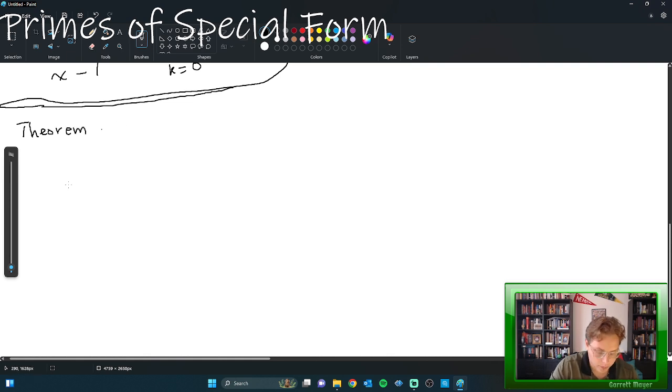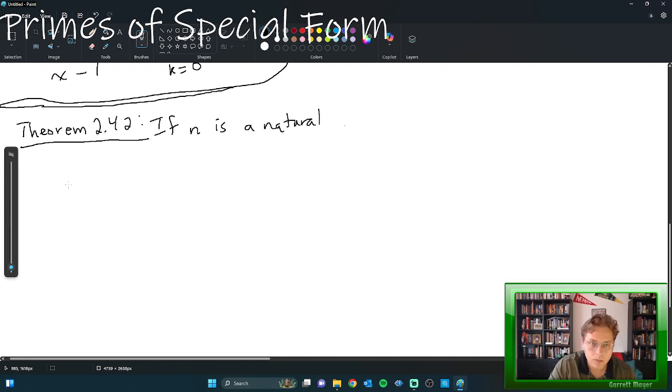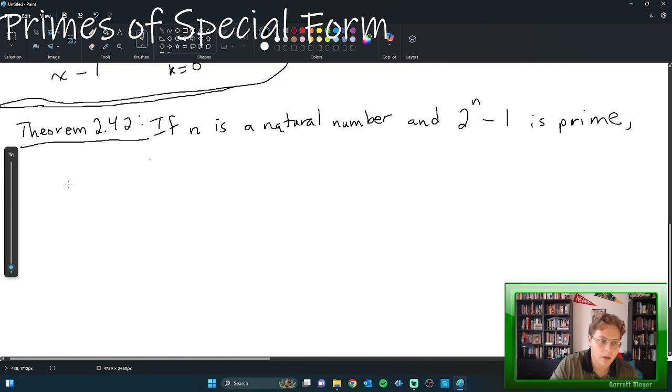So this theorem is theorem 2.42, and the statement of this theorem is, if n is a natural number and 2 to the n minus 1 is prime, so it would be a Mersenne prime, then n must be prime.